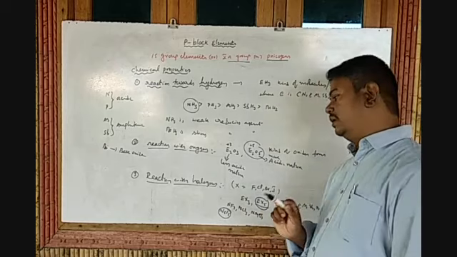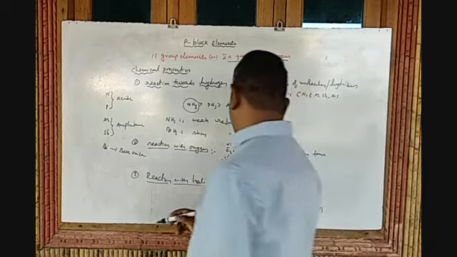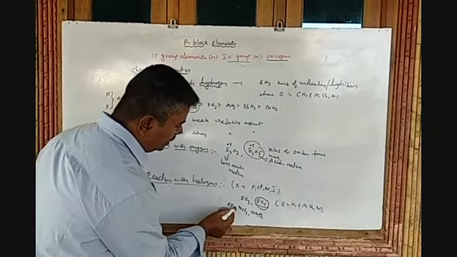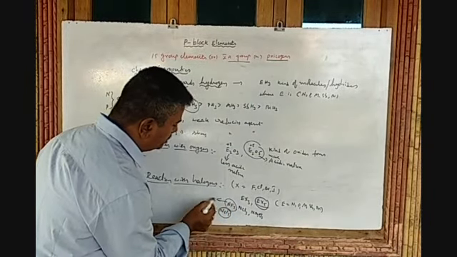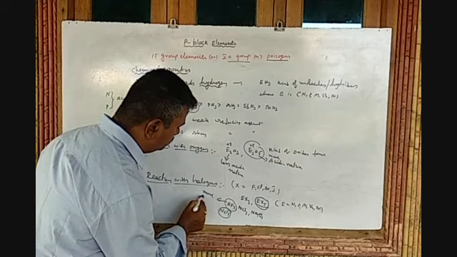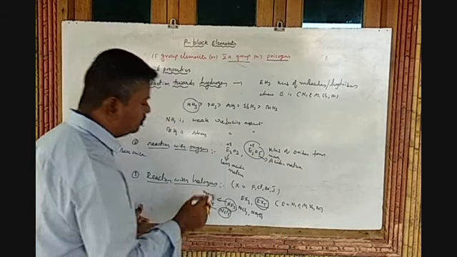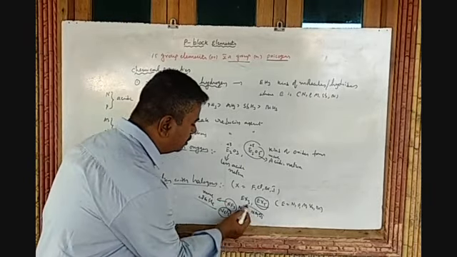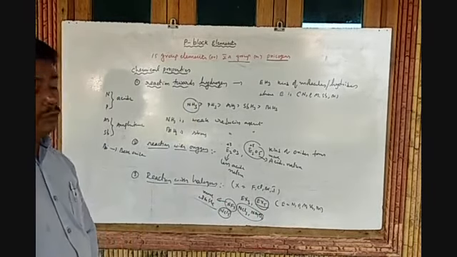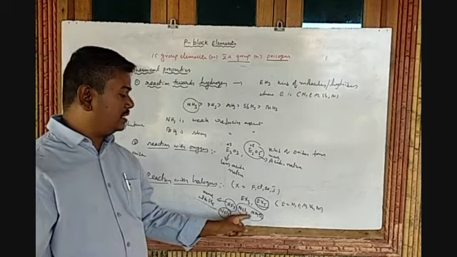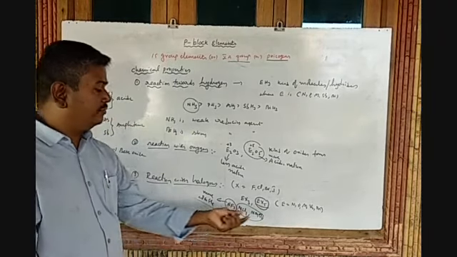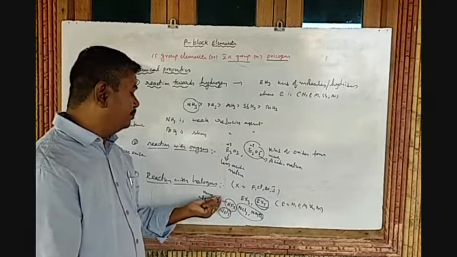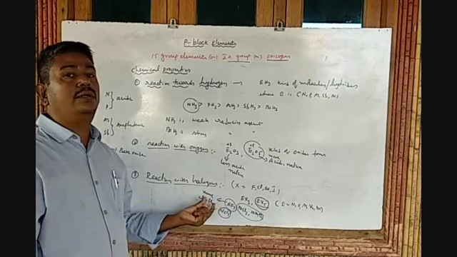Clear? Now out of these halides, only NF3 is more stable. The remaining are not stable, even though it forms NF3, NCl3, NBr3 and NI3. Out of these trihalides, only NF3 is stable.